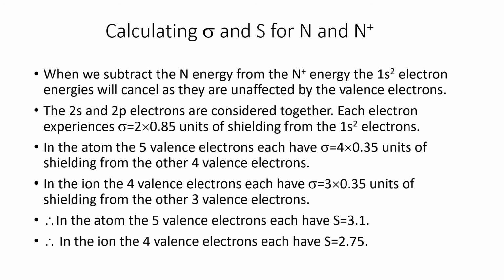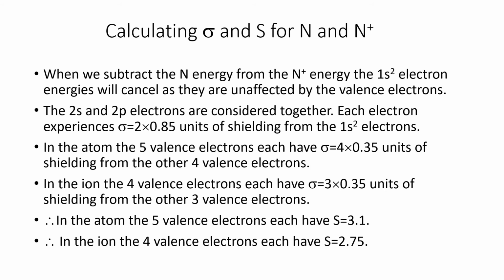And then next we can think about the valence electrons shielding each other. But of course we've got 2 different cases to consider. We've got the nitrogen atom, and then we've got the final state, the N+ ion. So if we look at the atom first, there are 5 valence electrons in the second shell. So as far as any one of those electrons is concerned, it's experiencing a bit of shielding from the other 4.